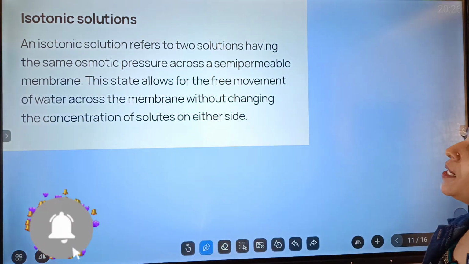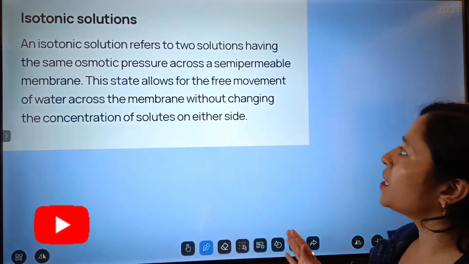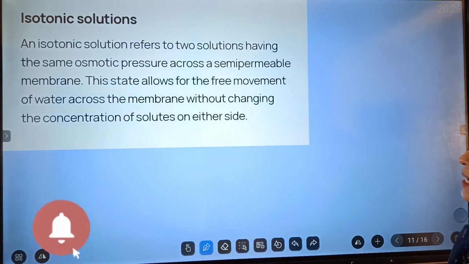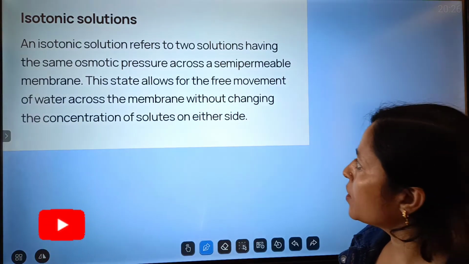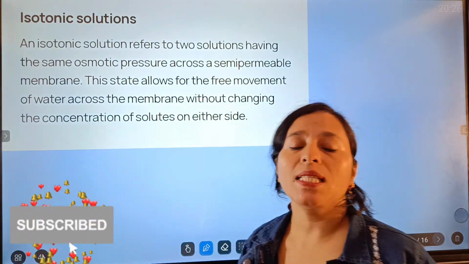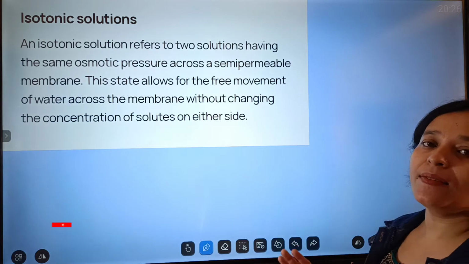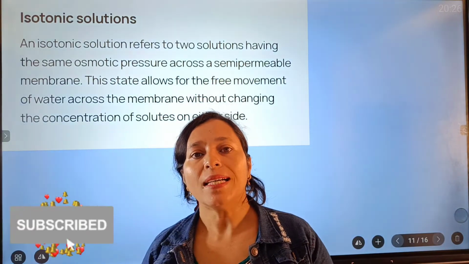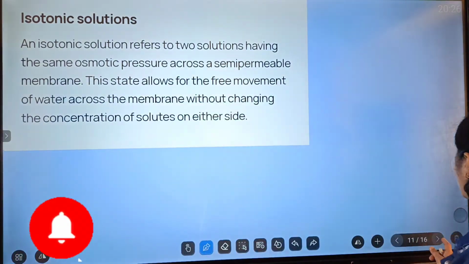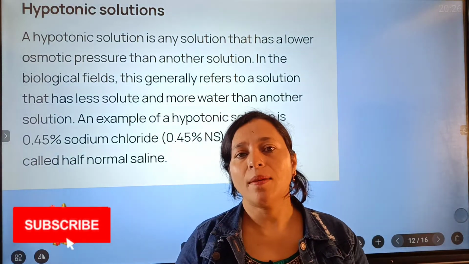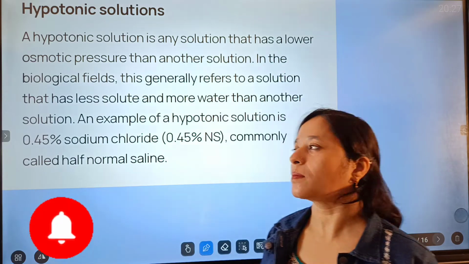Isotonic solutions refer to two solutions that have the same osmotic pressure and are separated by a semi-permeable membrane, that is, free movement of water across the membrane without changing the concentration of either side. On neither side are we changing the concentration, since both solutions have the same osmotic pressure.